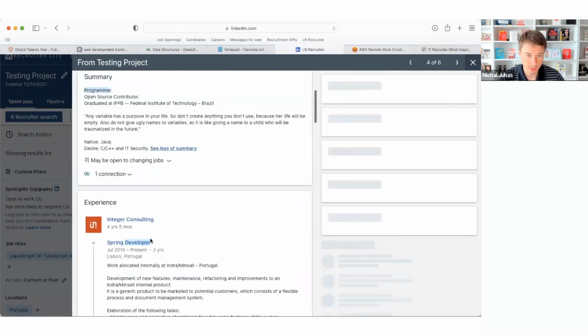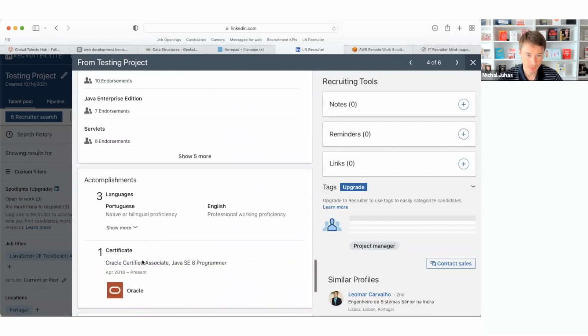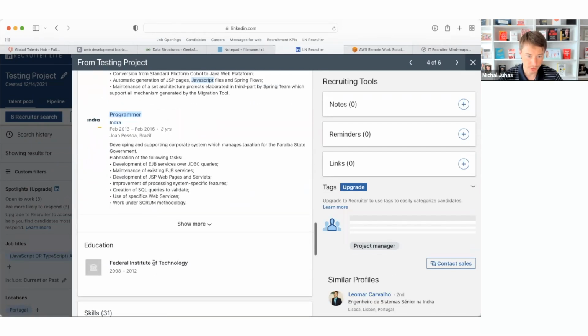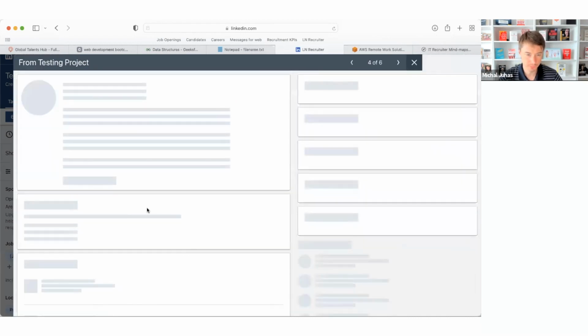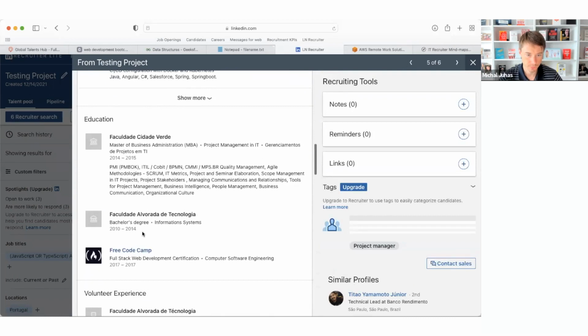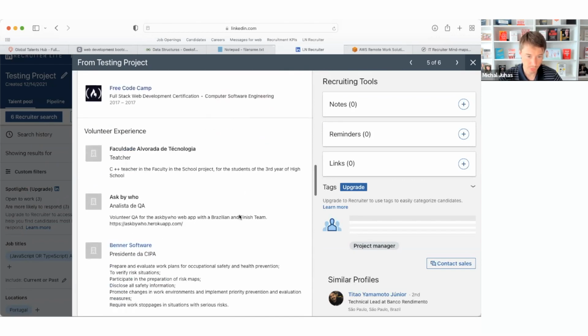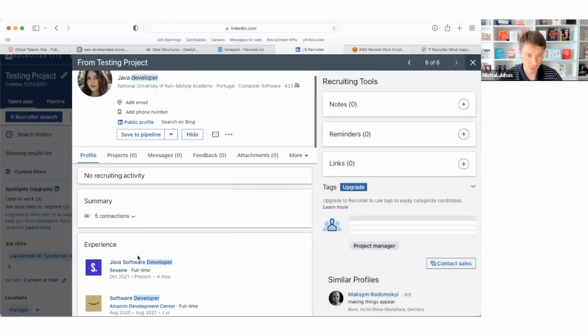Let's reveal some more keywords. Languages, Oracle certified. No, education is not here. Institute of Technology. Master of Administration, Free Code Camp. No. Computer software engineering. This would probably just be some boot camp with not too much detail about data structures.